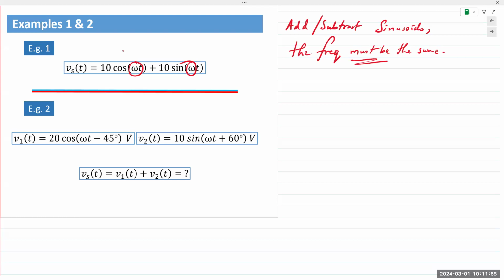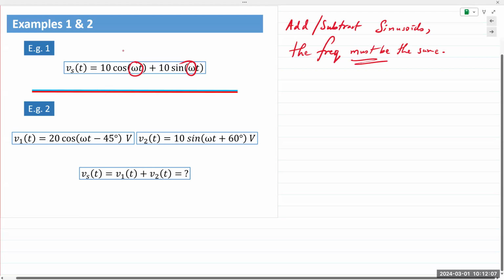So it doesn't matter that the value is not given, but what is given to us is that both have the same value of omega. Make sense? That's the absolute first thing you need to know. And from that point on, it's rather straightforward.